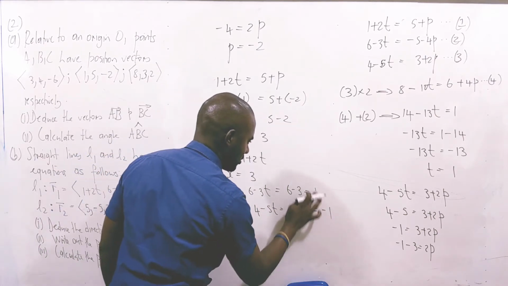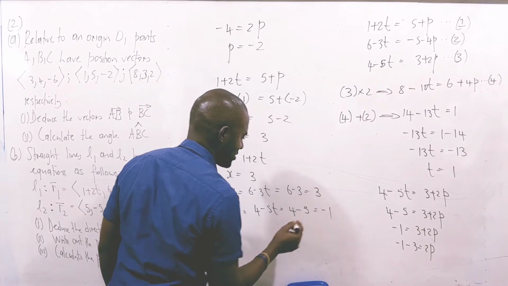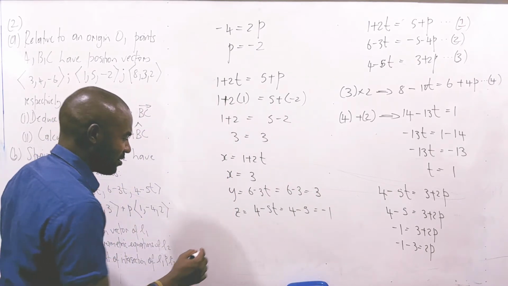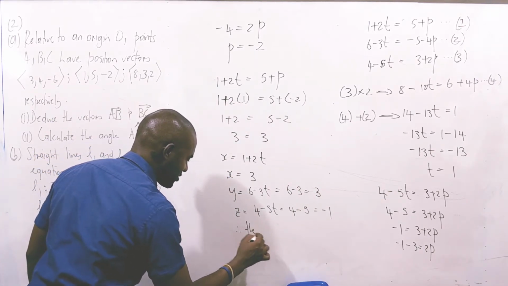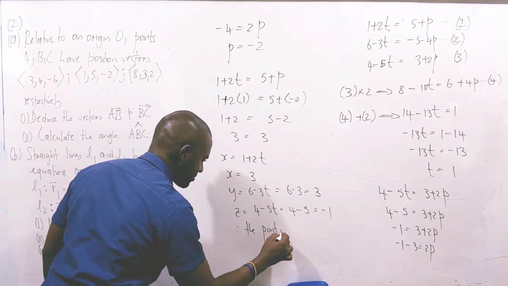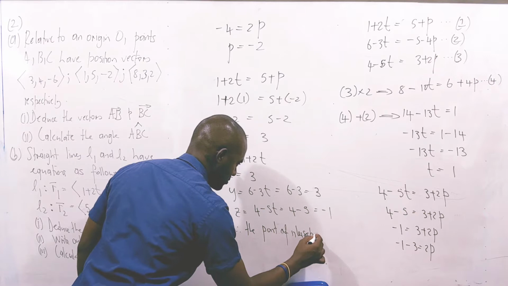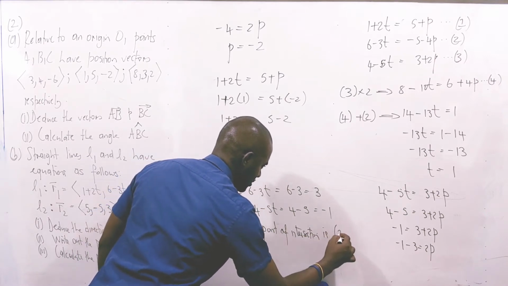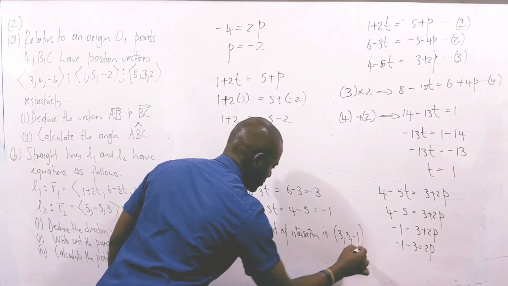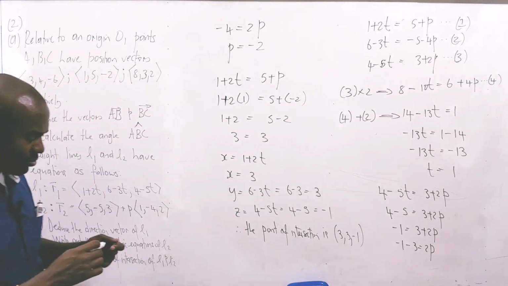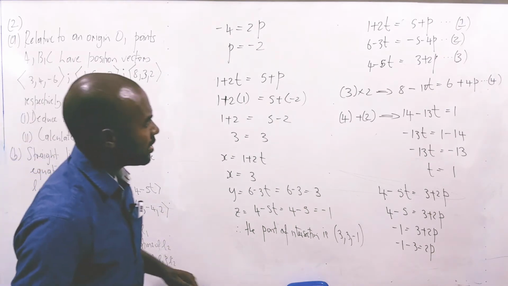And therefore, the point of intersection is 3, 3, minus 1. So that's the point of intersection of line 1 and line 2.